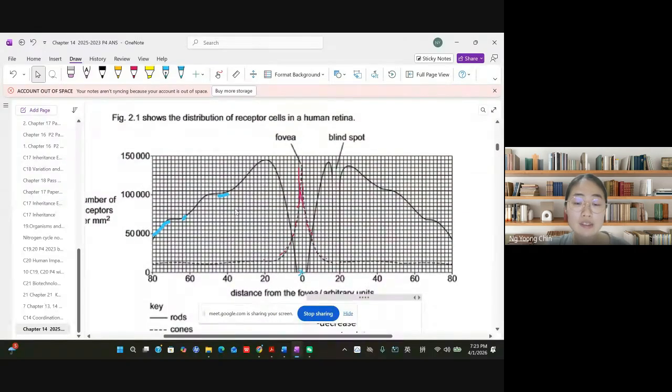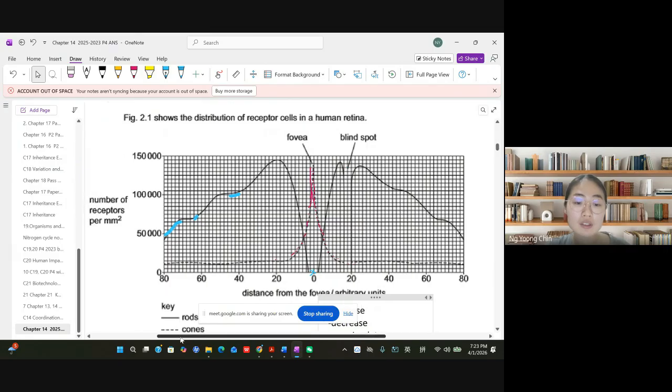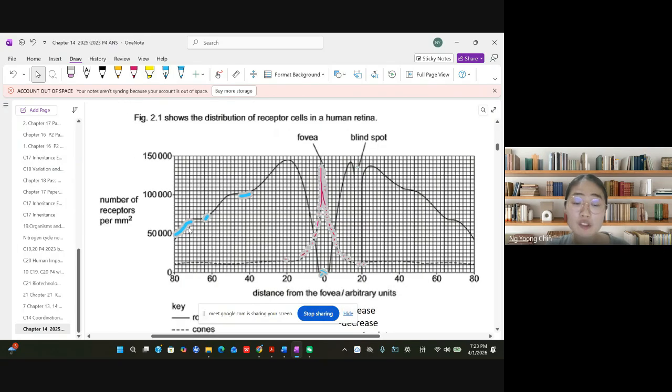Rods and cones, right? So generally, if you want to compare the number of the photoreceptors, okay, with the rods and the cones, how are you able to compare it? You can say that the rods, right, they have a higher number of photoreceptors than cones.